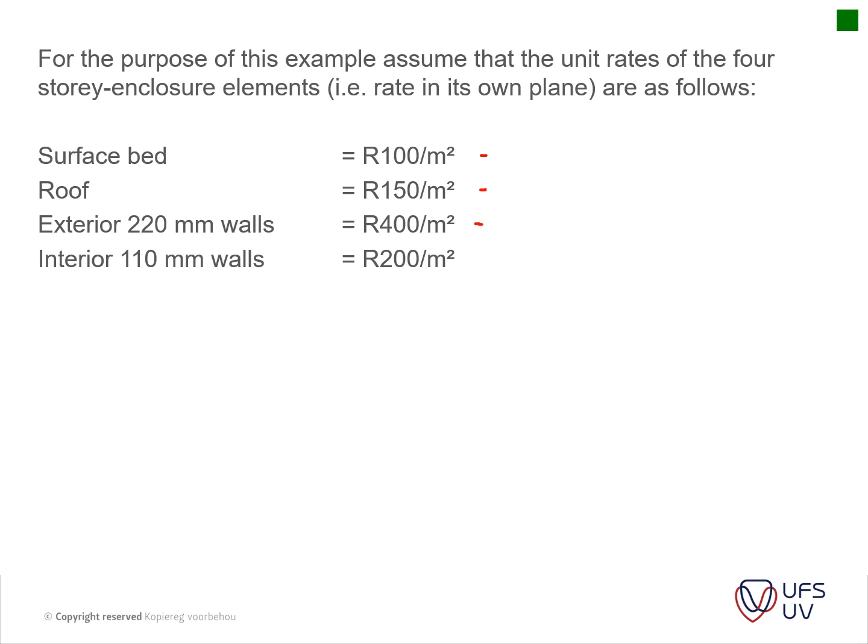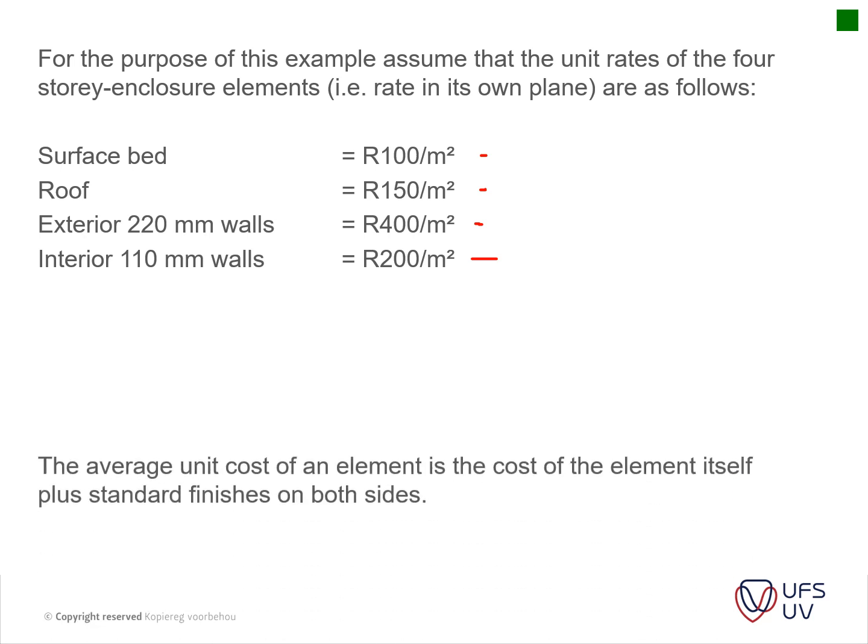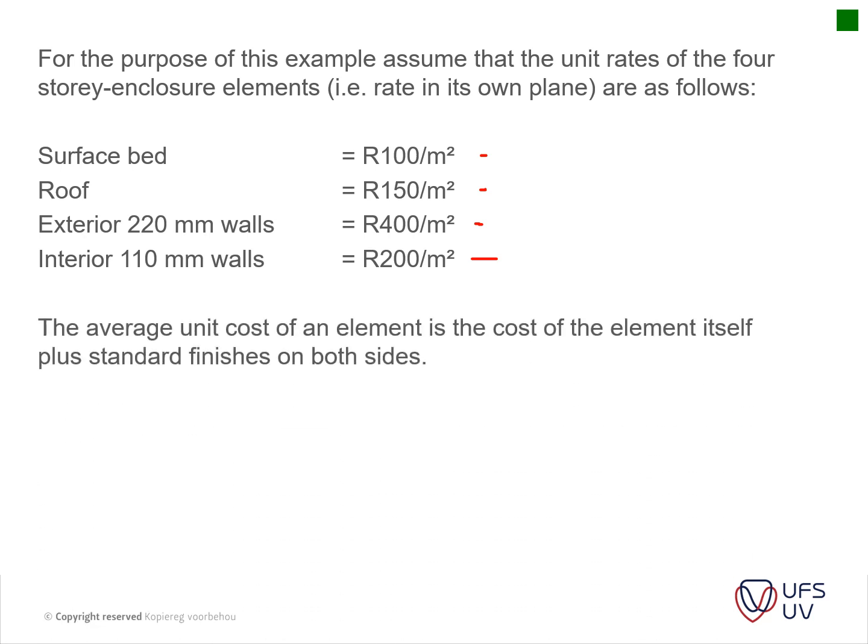And then we've got the interior walls, which is 200 Rand per square meter. Thus the average unit rate of an element is the cost of the element itself plus the standard finishes on both sides. What that basically means is that the finishes are included in the rates above.